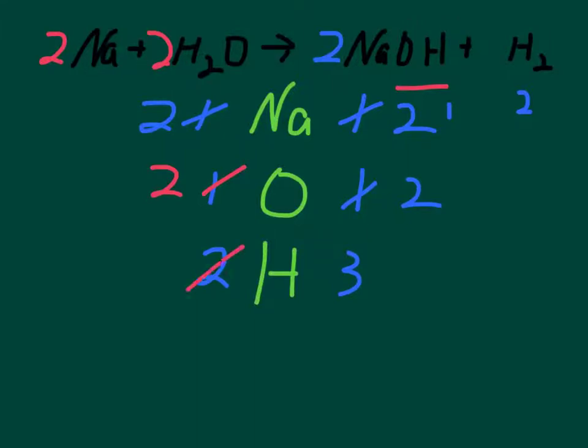I now have 4 hydrogens on the reactant side, and over here, 2 times 1 in the sodium hydroxide is 2, and then I've got 2 more, which gives me 4. So my coefficients become 2, 2, 2, and 1. And that gives us our balanced equation.